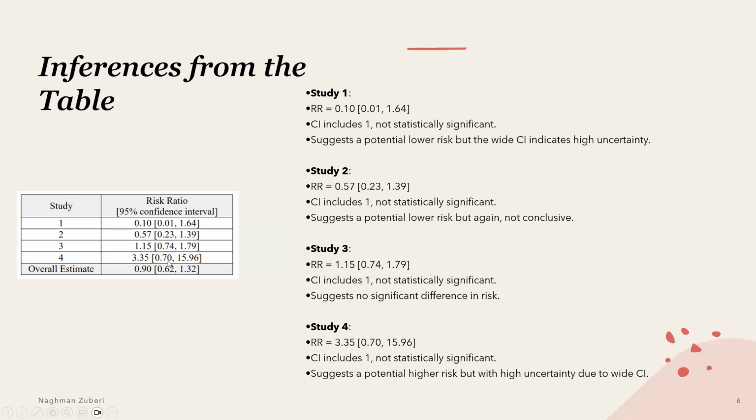Then comes study number 4. The CI includes 1, not statistically significant, it suggests a potential higher risk, but with high uncertainty due to the wide confidence interval. Though the relative risk is 3.35, there is a wide confidence interval, so there is uncertainty.